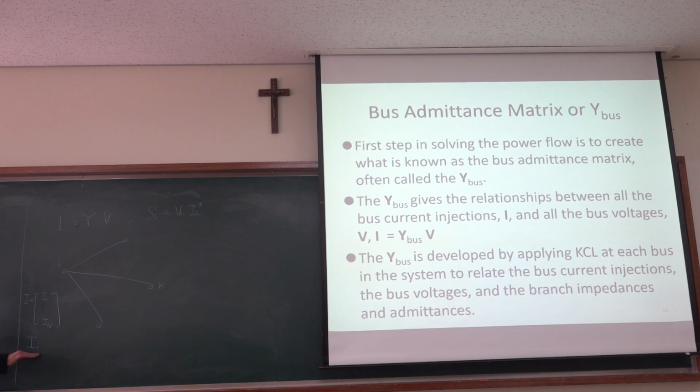This is the injection current, okay? And similarly, V sub I is the voltage at node I with reference to the ground voltage, okay? So 0 is used for the ground node.